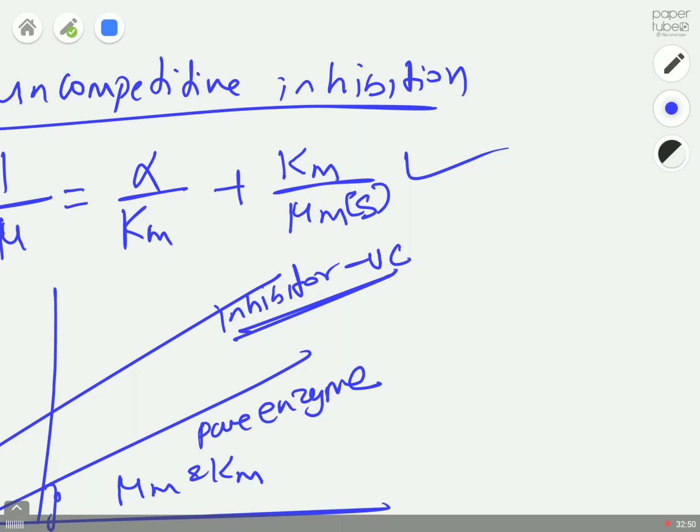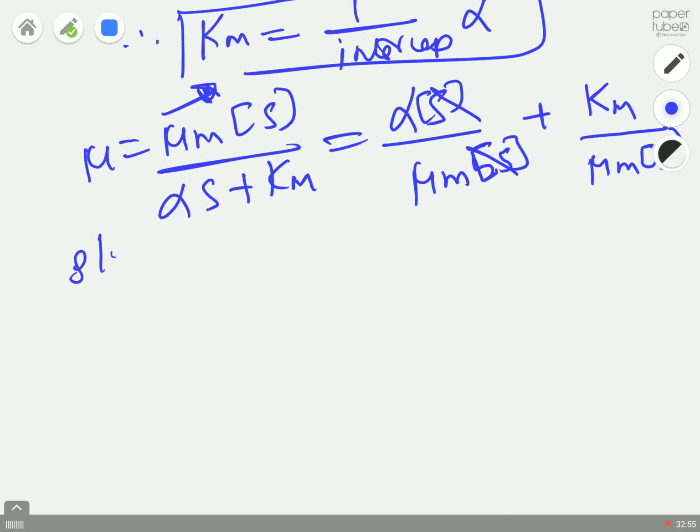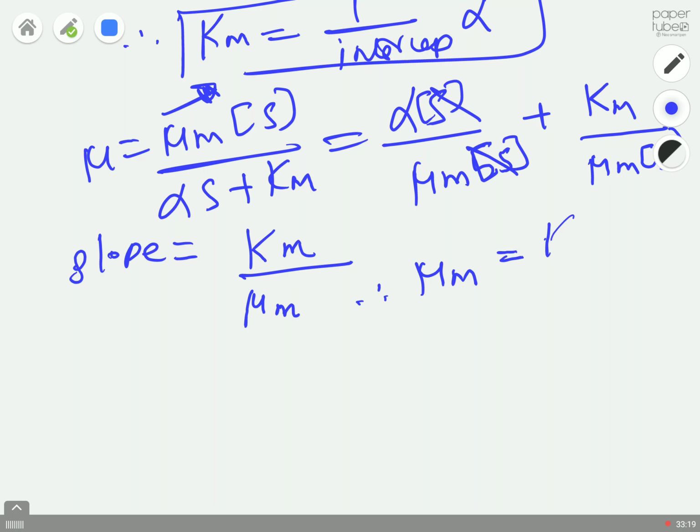Yeah, this expression is correct. So your slope value will be equal to Km by mu m, so therefore mu m will be equal to Km by your slope.